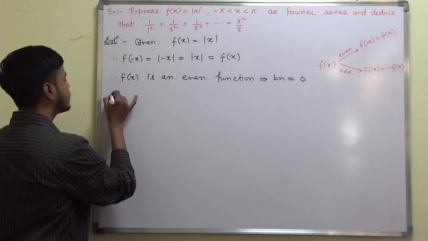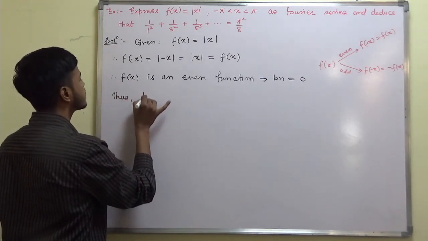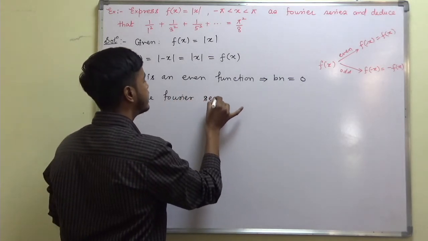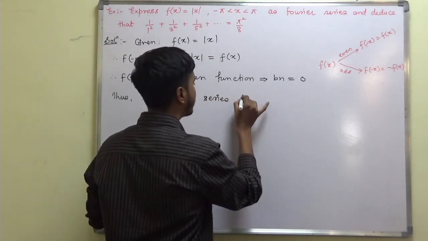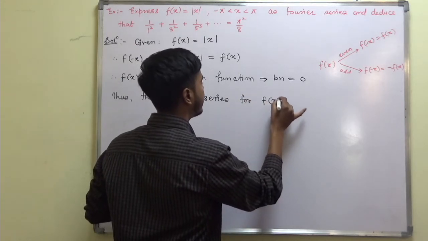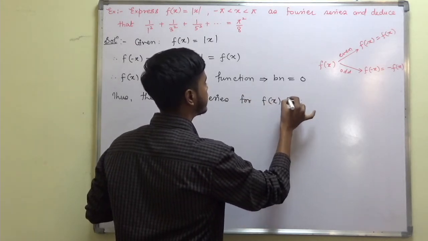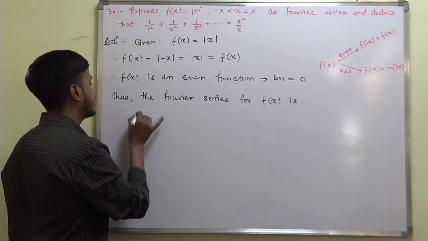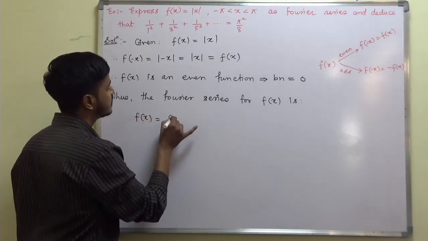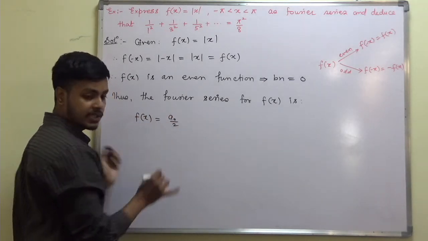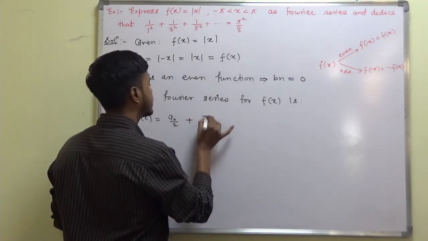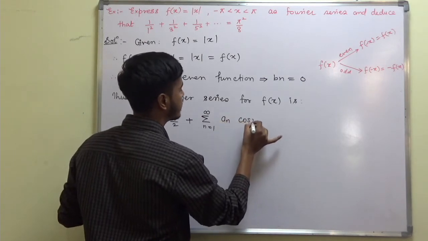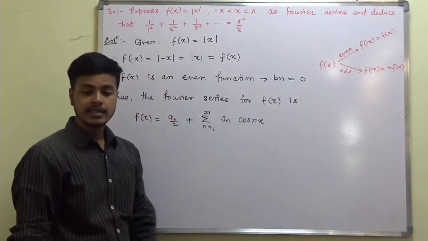So what would be the Fourier series? Thus the Fourier series for f of x, means the Fourier series for an even function, is f of x equal to a0 by 2 plus summation n equal to 1 to infinity an cos nx. Simple.